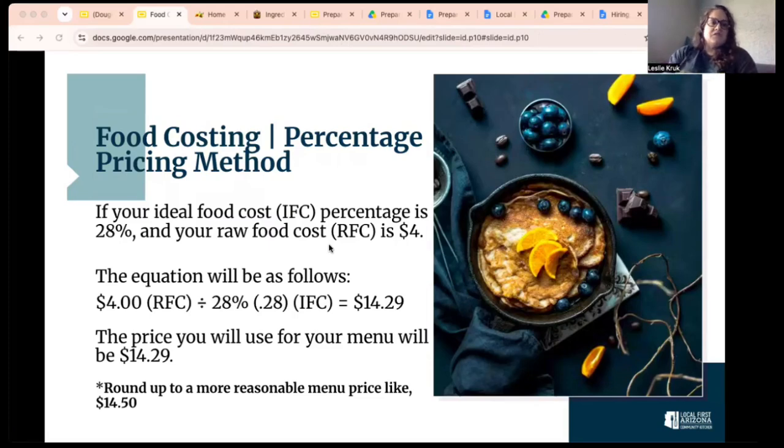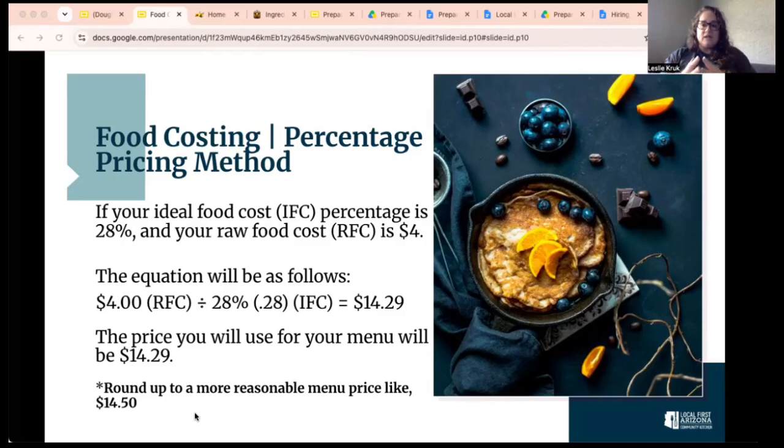So here's another way to present pricing or food costing based on a percentage pricing method. So I mentioned in the ideal breakdown, 30% is kind of where we're sitting with food costs. We don't like it to go much over that. But again, sometimes this happens. If we have premium ingredients or if something is labor intensive that's going to take more blood, sweat, and tears on your part, it's going to cost more.